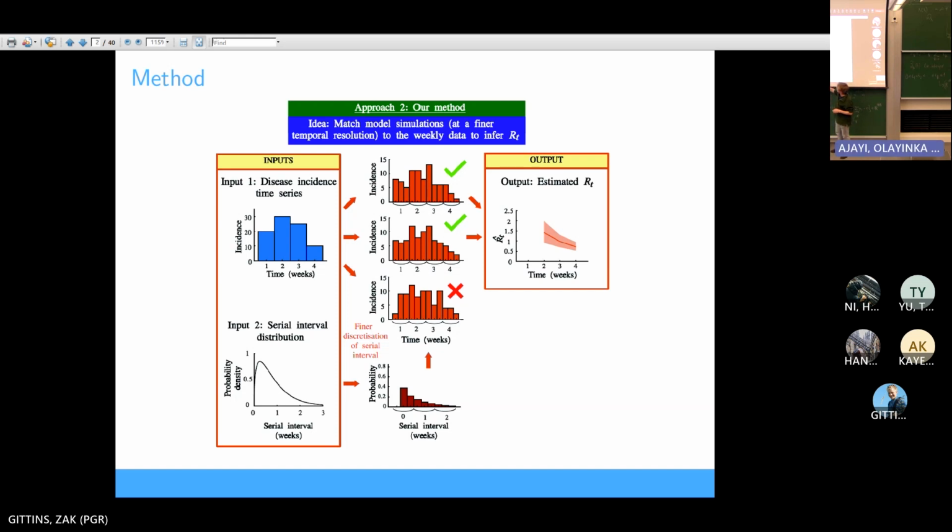And then you assume an R number, use your serial interval, and generate incidence with that R number. And if that partitioned incidence, so these orange bars are thinner than the blue bars because they've been split, if the incidence on week 1 matches, then we accept that value of the R number. So it's basically approximate Bayesian computation.